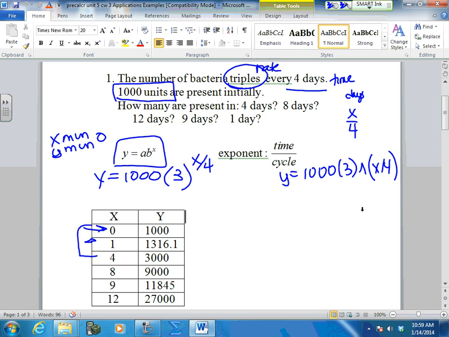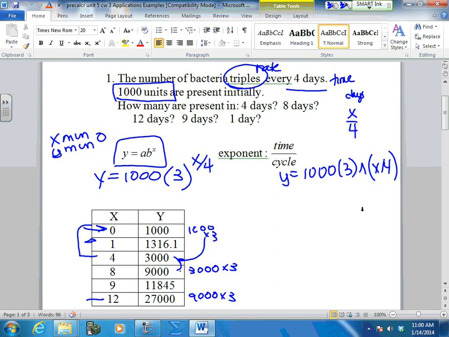So on day 4, was this 1,000 times 3? Okay. Day 8, another 4 days. Was this 3,000 times 3? I'm tripling. On day 9, was this every 4? Day 12, every 4. I'm taking my 9,000 times 3. Got a lot of bacteria cells going on after 12 days, right? This is my exponential growth.